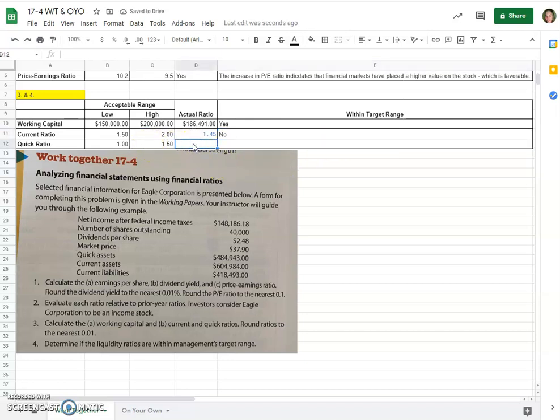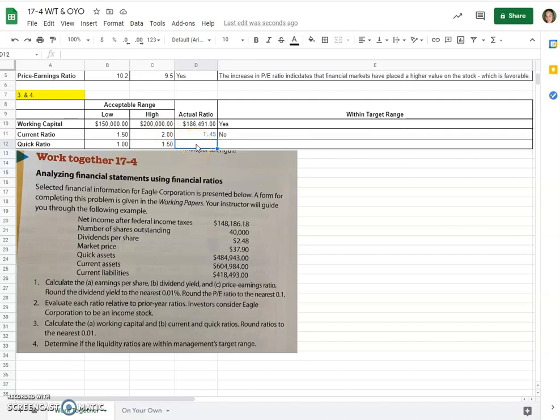But how's our quick ratio? Remember, quick ratio might be an even more conservative estimate of whether or not our company is going to be able to pay their bills. And the quick ratio is quick assets divided by current liabilities.